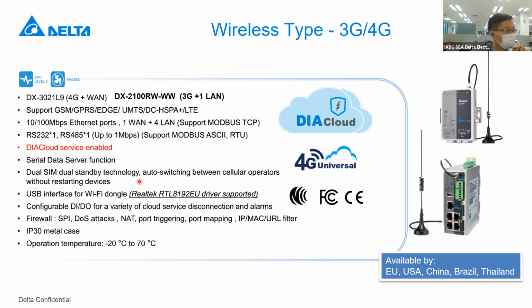But maybe the signal coverage of one is in the north, and maybe the coverage of another is focused on the south. So in this case, this dual SIM card is very helpful.